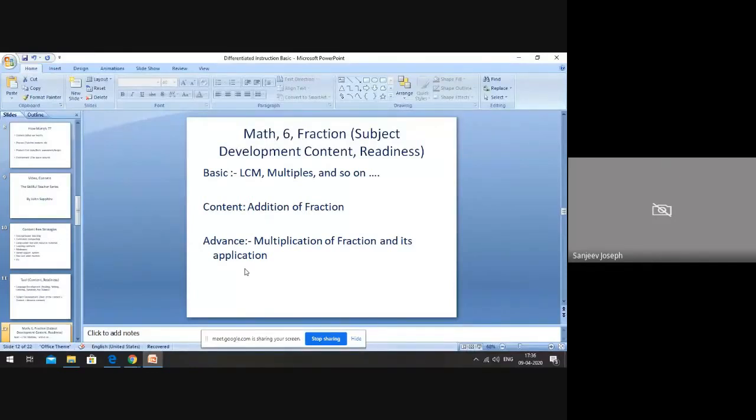It is not that we are giving different things to different children. All of them are doing addition of fractions, and their main goal is to understand that content. If they are higher up, that is very good, but if they are not there, we support them to come up to that level. Again, this can be done when you're teaching online, and also in the classroom itself.